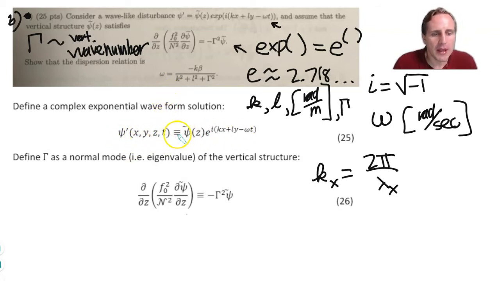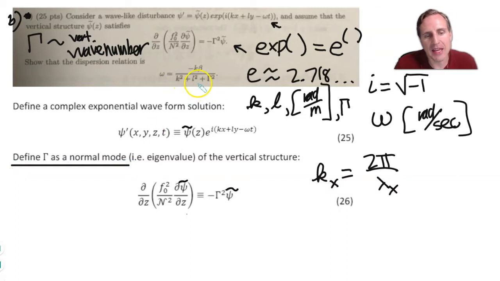Okay, so anyway, notice that these tildes, by the way, should be over top of these psi's right here. So sorry, that's just the typefacing. But anyway, there are these two equations written, namely equations 25 and 26. By the way, you can also think of capital gamma and these k's and l's also as like normal modes.